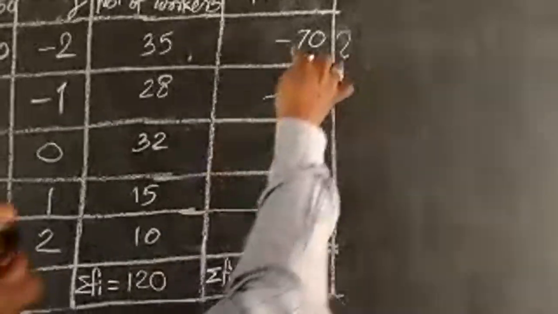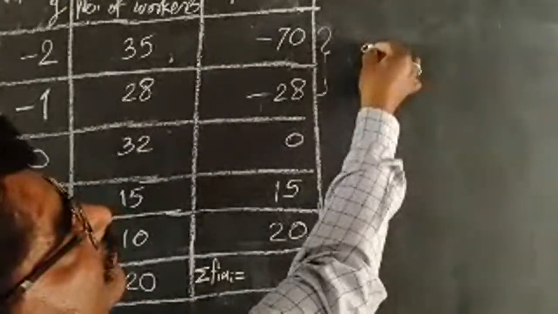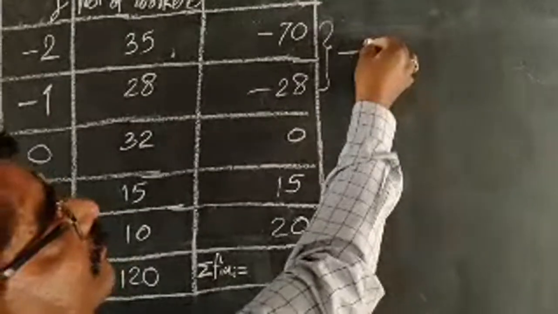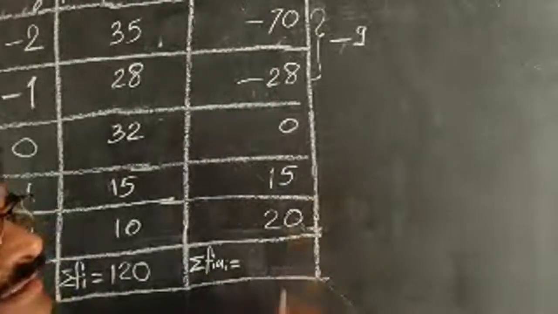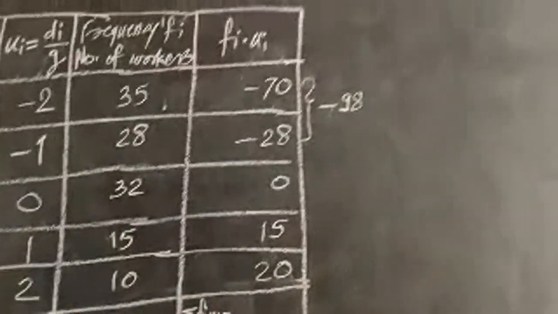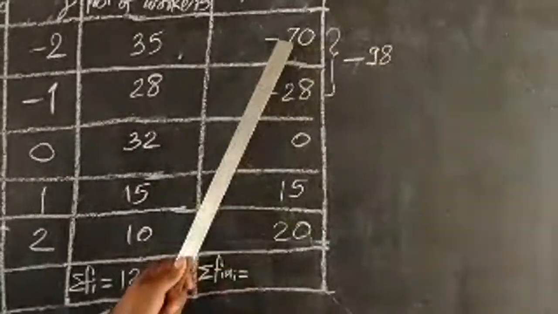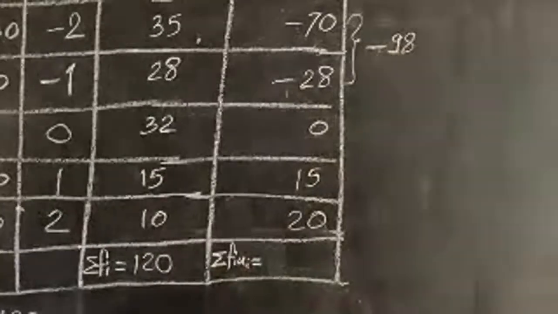Then similar signs indicate addition. Addition is minus 98. Confused? Similar signs indicate addition, and the sign stays as it is.